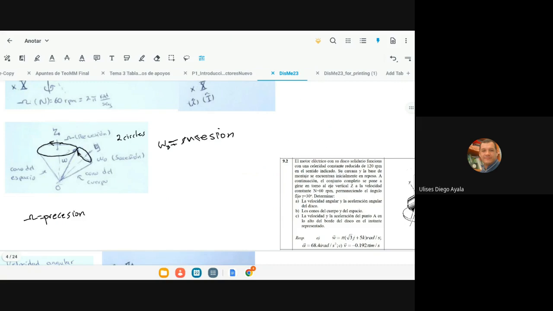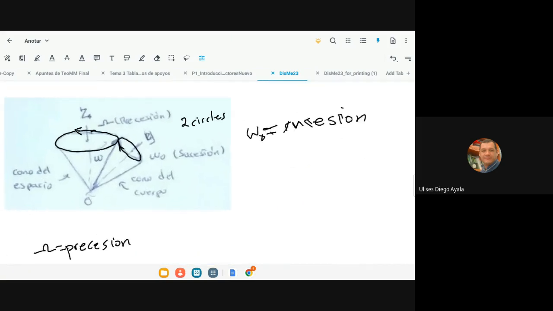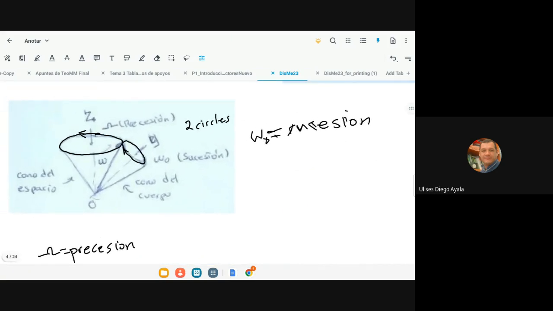That's why it's important for you to understand it. So, precession, succession: this is only one rotation, and you have two rotations. Okay, perfect.